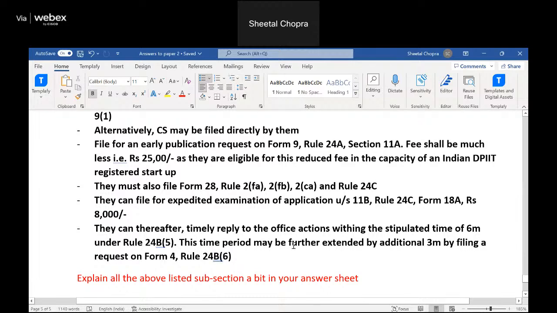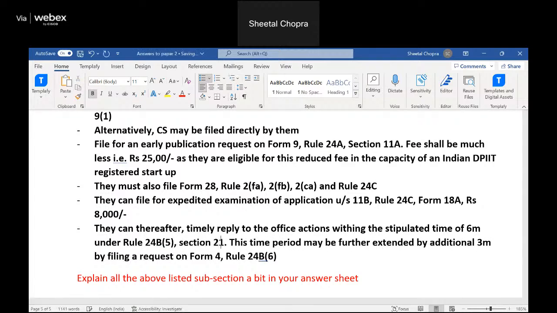But you should not advise your applicant to wait for an additional 3 months, because it's a question of them seeking early grant. So they must timely reply to the office action and get it granted within the 6 months timeline, which is also Section 21, to put an application in order for grant.